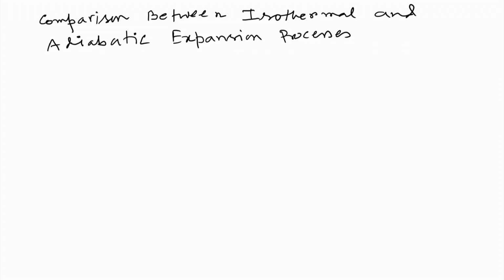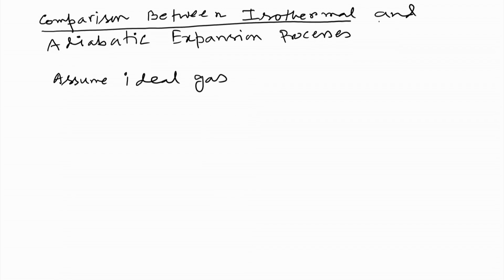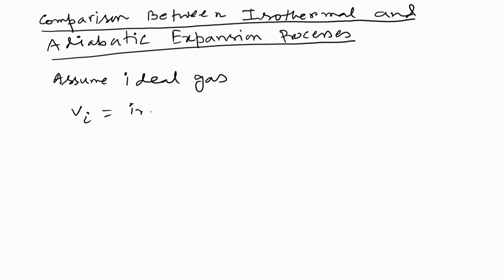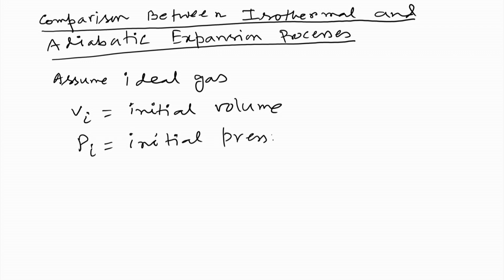So, we will consider ideal gas, and we consider that Vi is the initial volume, Pi is the initial pressure and Vf is the final volume.